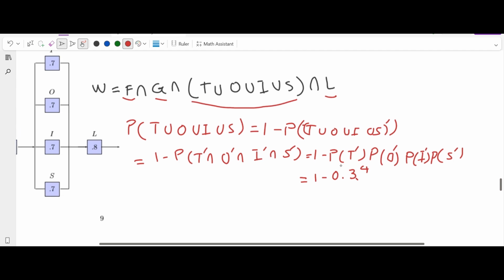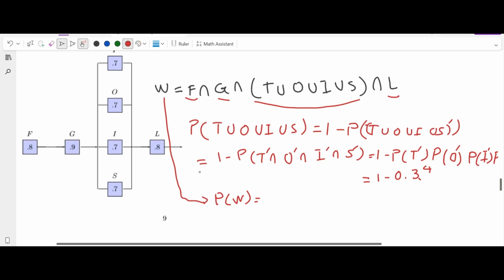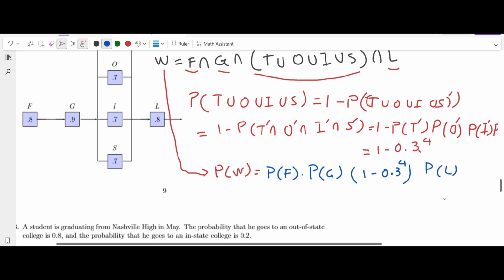Now, to be able to compute the probability of the system working, all I need to do is multiply this value by probability of F and probability of G and probability of L, so 1 minus 0.3 to power 4 times probability of F. And what would that be?